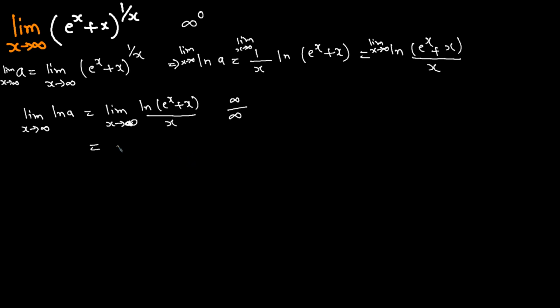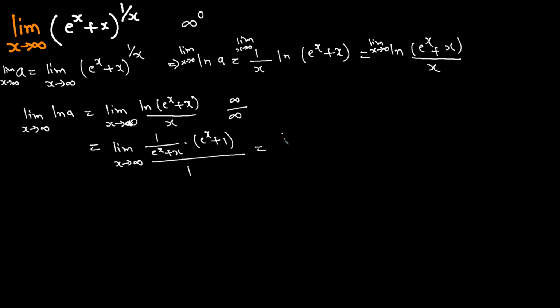According to that, we need to find the derivative of the numerator and the denominator. So the derivative of this part gives me 1 over (e raised to power x plus x) times (e raised to power x plus 1), divided by the derivative of x, which gives me 1.